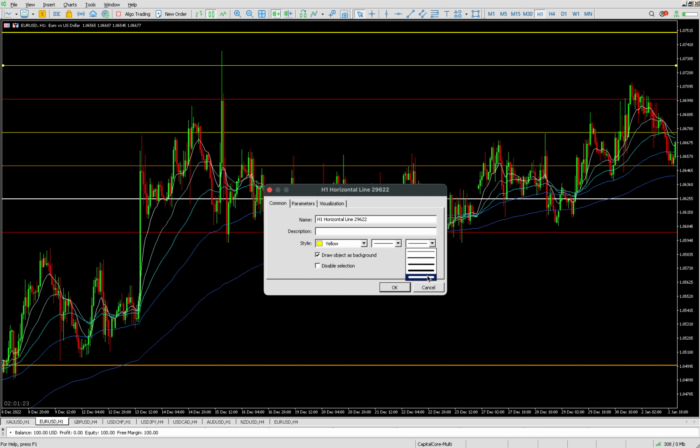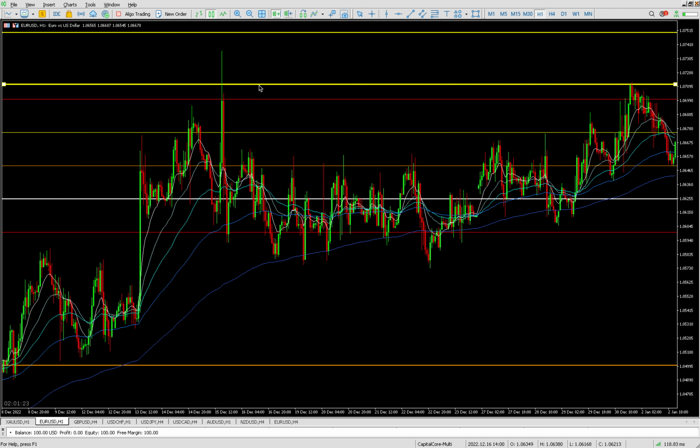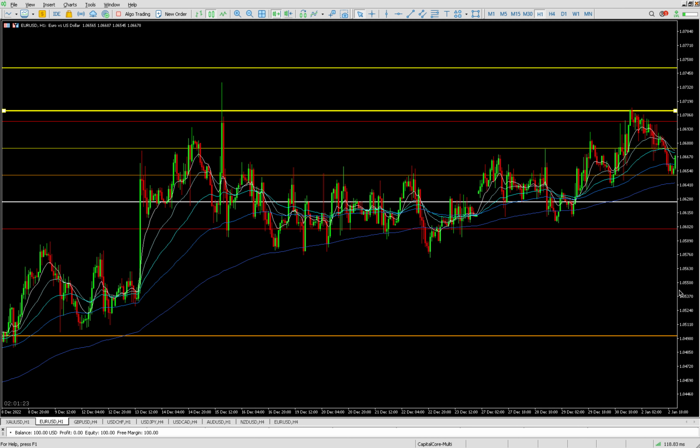The 100,000 level is this thickness, the 10,000 level is this thickness, and then that is the 1,000 level.